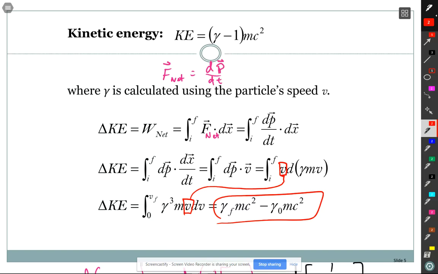But because momentum is gamma mv, momentum approaches infinity as the speed approaches the speed of light. That would mean you would have to apply an infinite force to get it moving any faster. Since we can't apply an infinite force, we're never going to get past that infinite momentum point.